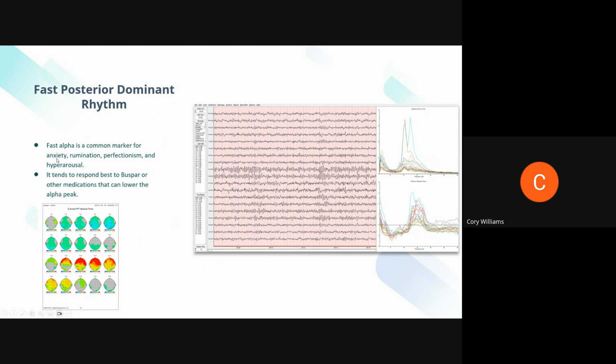It's a common marker for anxiety, for hyperarousal, rumination, and perfectionism. This is very common in folks who've experienced trauma. And in this case, we want to look for medications that will lower or reduce the peak alpha speed. And one of those is Buspar. That's the one that the literature recommends the most in order to bring down that baseline CPU speed.